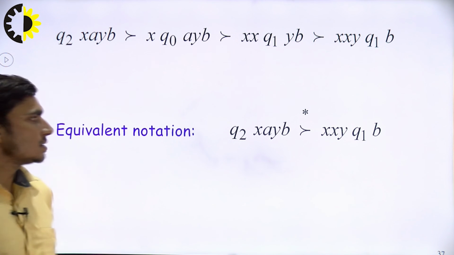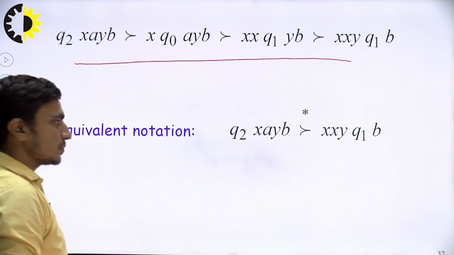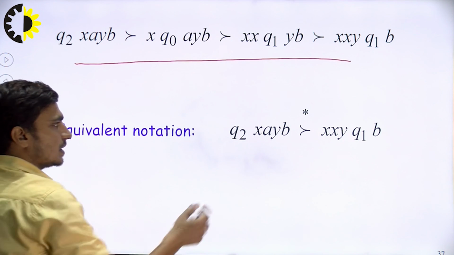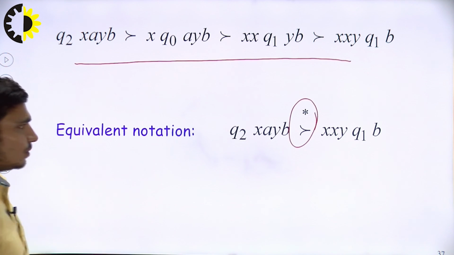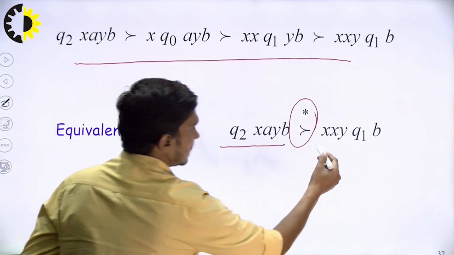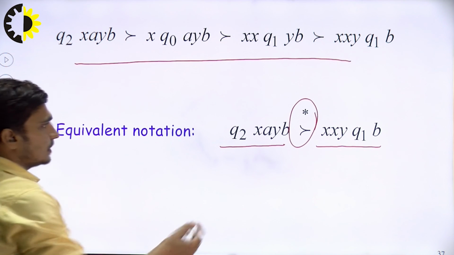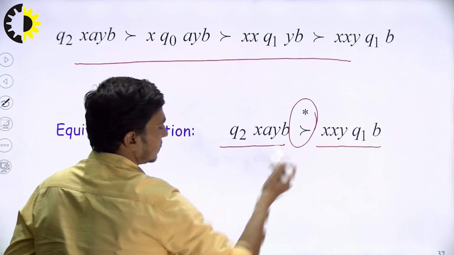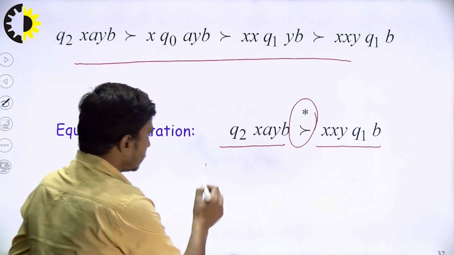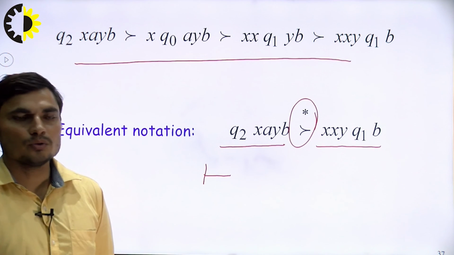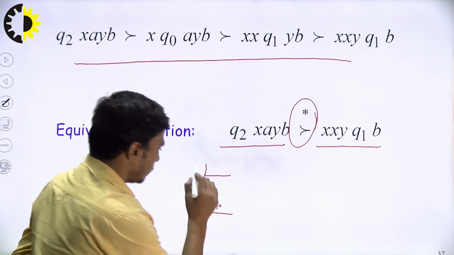So we can represent that whole sequence of derivations by a single symbol, and from this ID we can generate this ID. In certain books, certain authors use this symbol to represent a single move and this symbol to represent multiple moves.